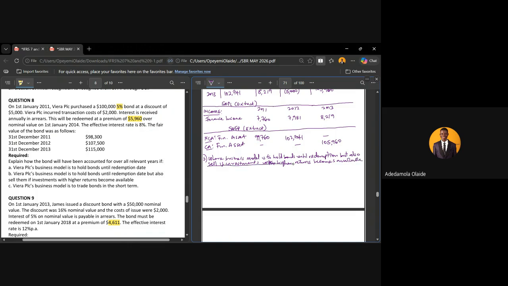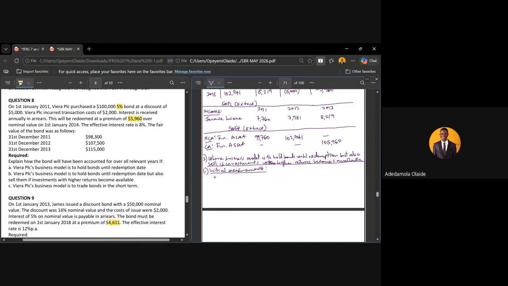So what do we have? If this is the case, our initial measurement will still remain the same because we are fair valuing through OCI here, and we capitalize transaction cost.